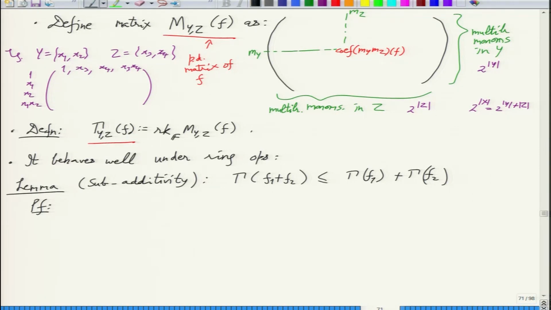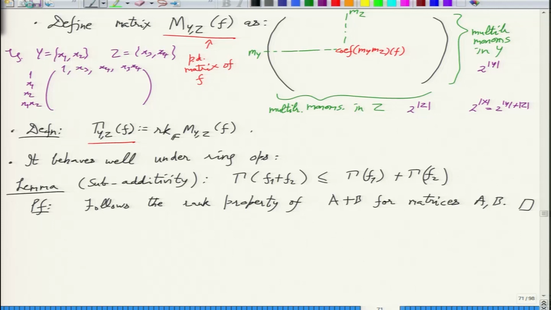You have two matrices, one each for f1 and f2, and then it follows from the rank property of A plus B for matrices A and B. The rank of A plus B is at most rank of A plus rank of B. This is the best you can say; it can be strictly smaller. So it's not additivity but sub-additivity.